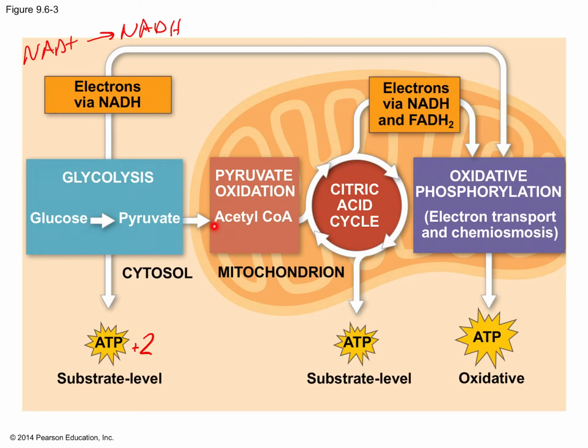That fuel is called acetyl-CoA. That is short for acetyl coenzyme A, all right? So this reaction here, called pyruvate oxidation, or also called the prep reaction, converts pyruvate to acetyl-CoA, which is now compatible with the citric acid cycle. All right, that's a simple reaction. We'll see that in a little bit.